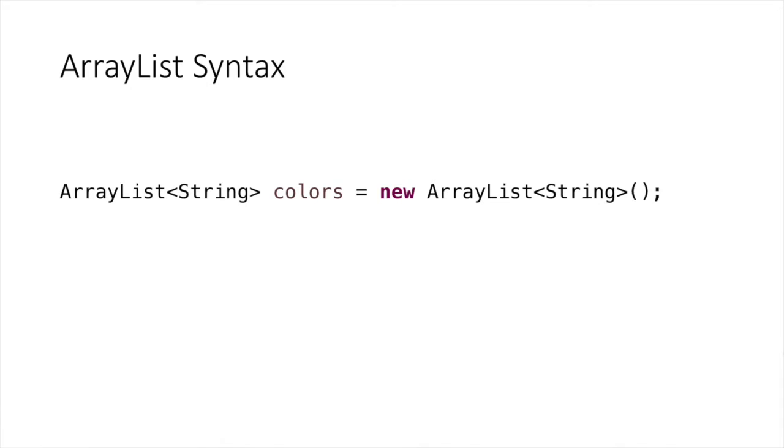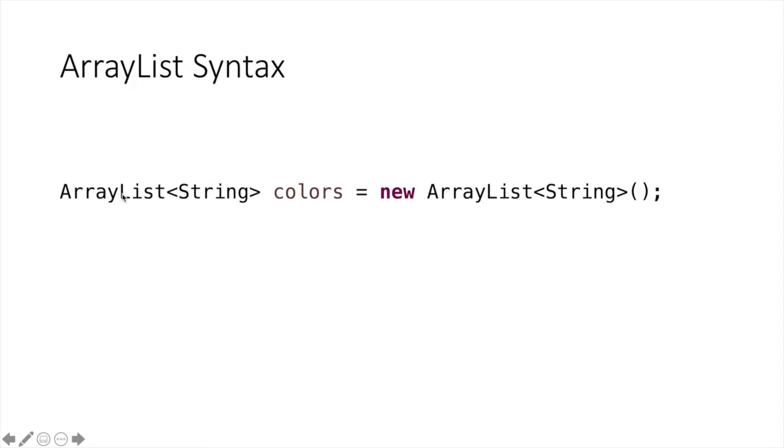Here's a look at the syntax in Java. This line of code sets up an array list that holds a collection of strings. Note I've named it colors, just like in the last array example. But if we take a second to look at this code, other than these carets with the type in between, this follows our normal syntax of creating an object.